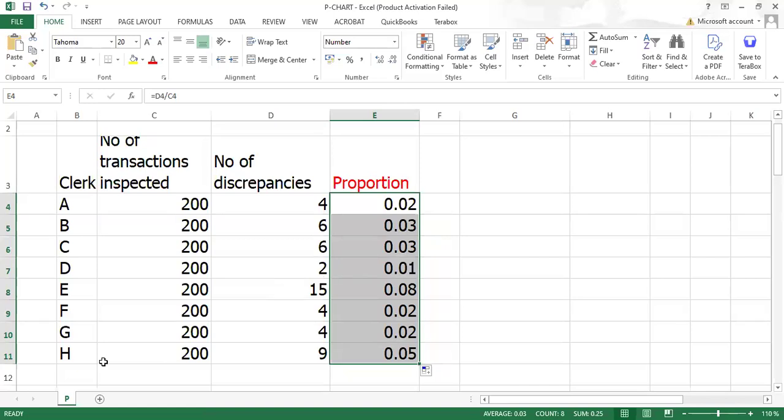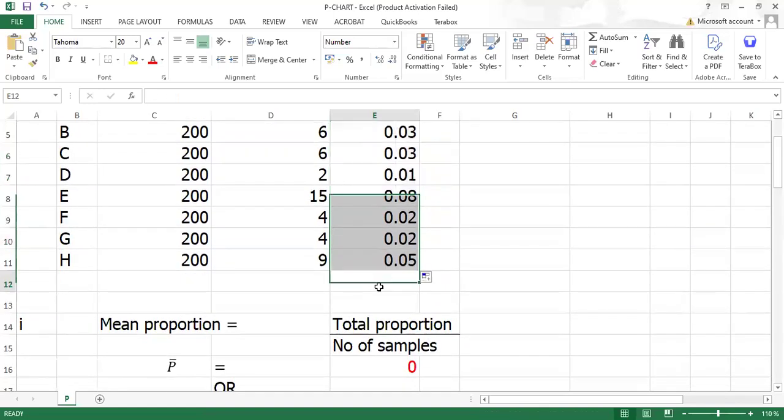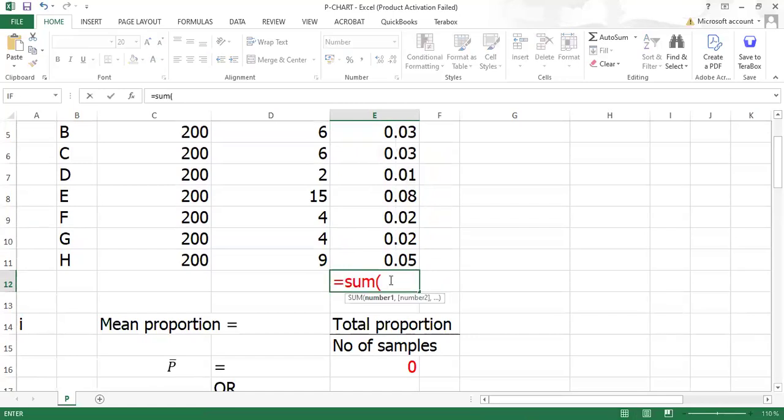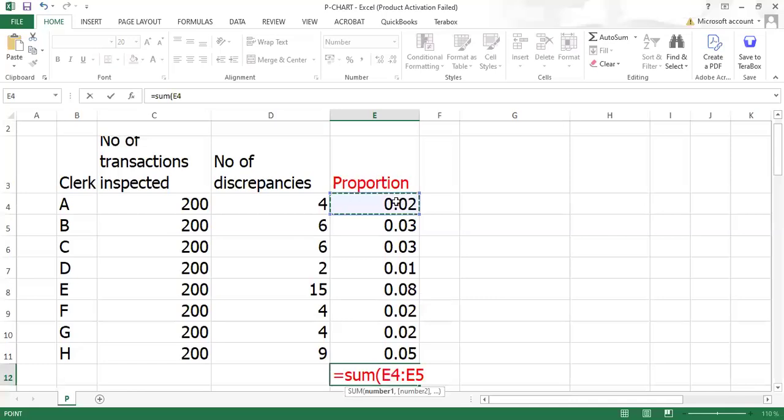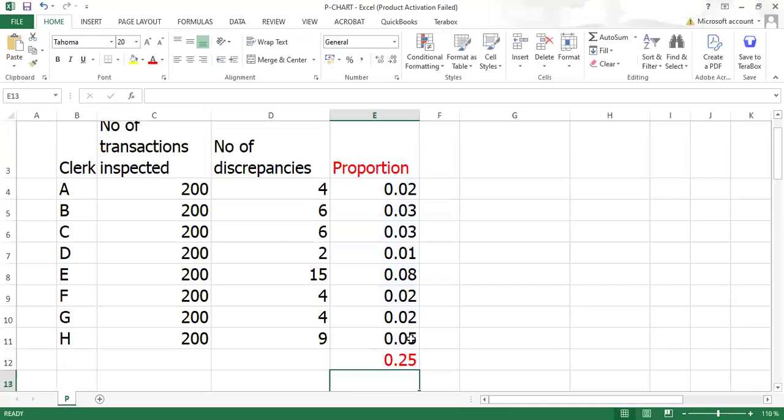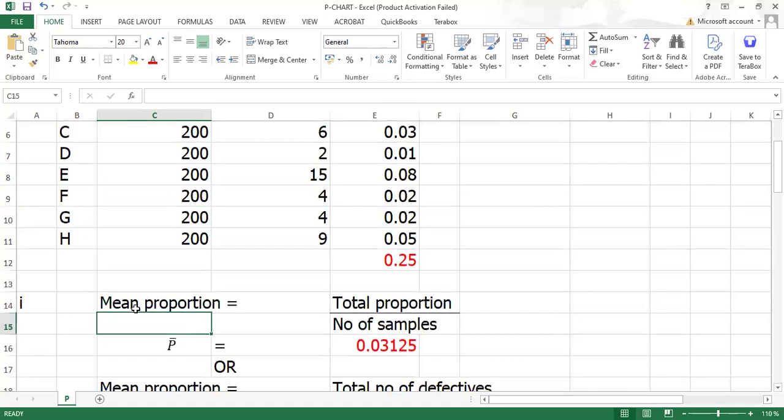So what is our total proportion? You add everything. We add everything here. And how do you get the mean?